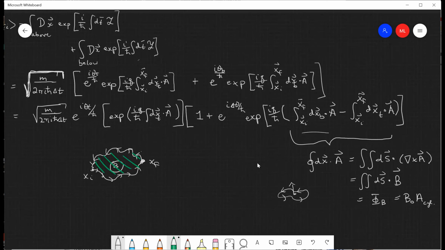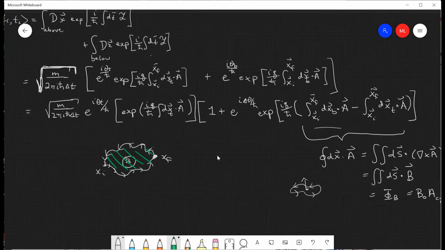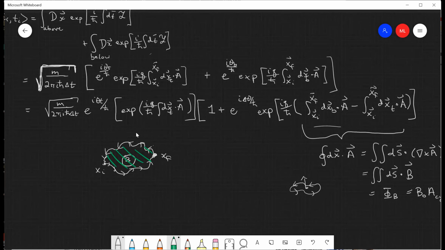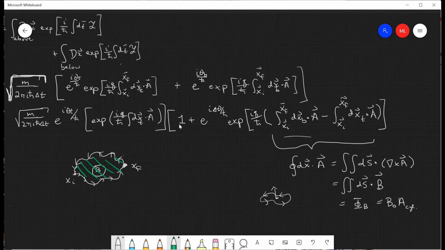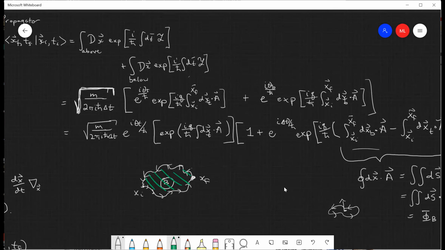It contributes to the propagator, and it will actually contribute to the actual probability. It's more than just an overall phase, because we factored out an overall phase here, and this term has 1 plus something. And when you take the square magnitude of this thing, you'll no longer just get 1. So let me show you that.